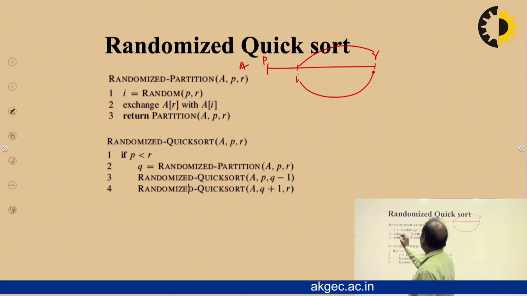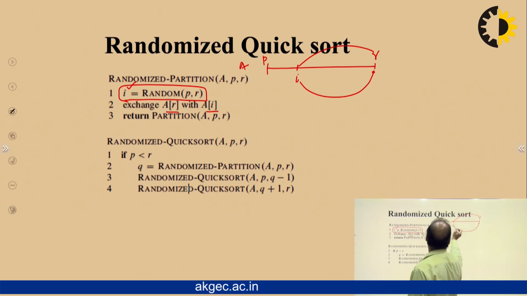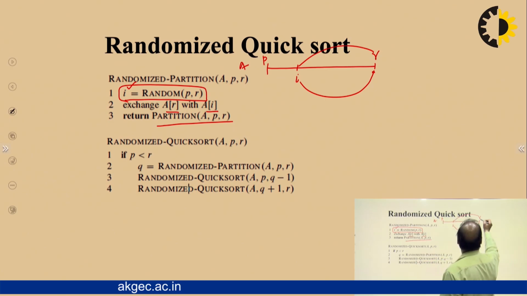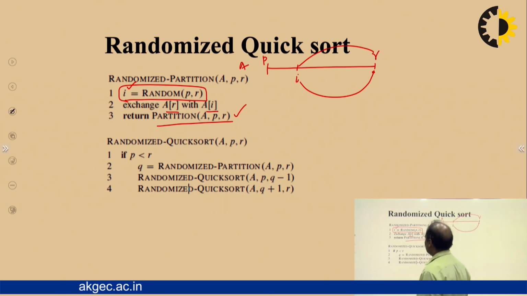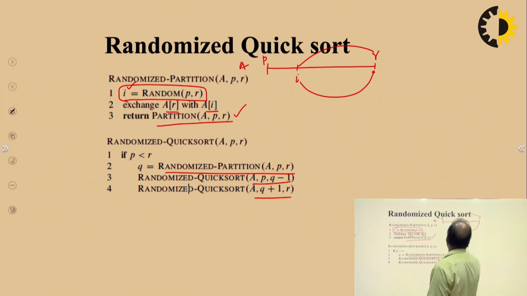Take any random number between P and R, take its index i, and exchange A[r] and A[i]. Now you can start partitioning the array. So randomized quicksort is very simple. You apply randomized partition and then randomized quicksort on the left hand side and the right hand side. This method is better because you are not restricted in choosing the element. Any element can be taken as the partitioning element.